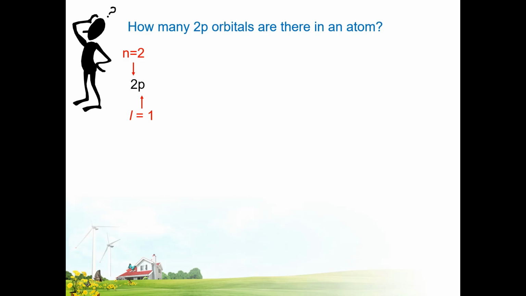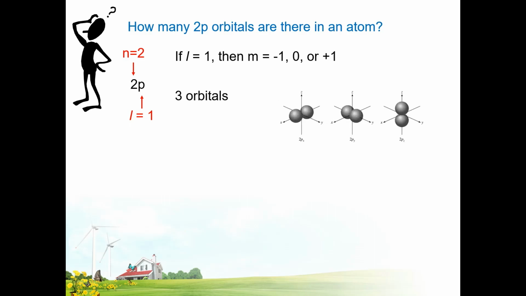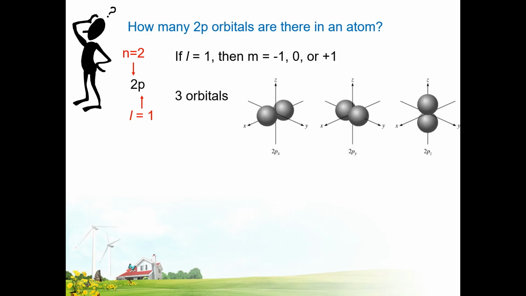So now we want to relate l and m. So m equals negative 1, 0, or positive 1. There are 3 numbers there, meaning that there are 3 orbitals. There you are: 2px, 2py, and 2pz. We are going to learn how to draw this later.